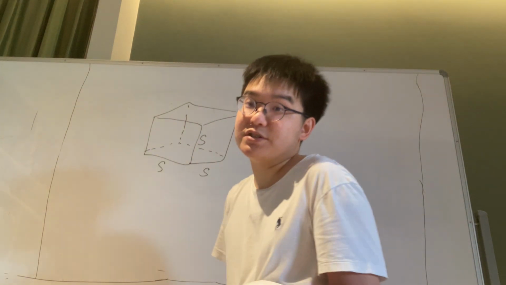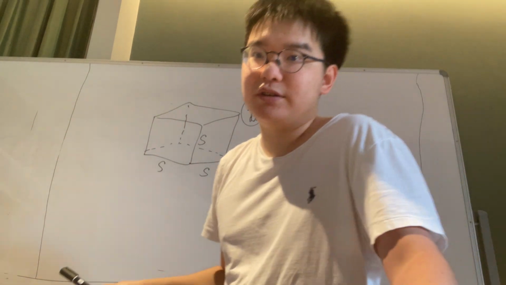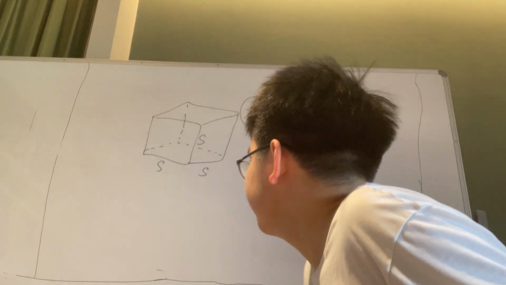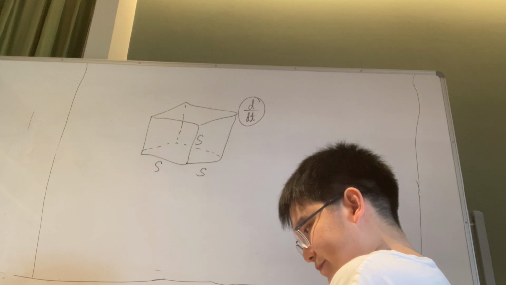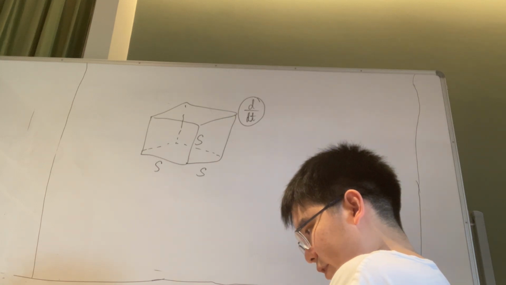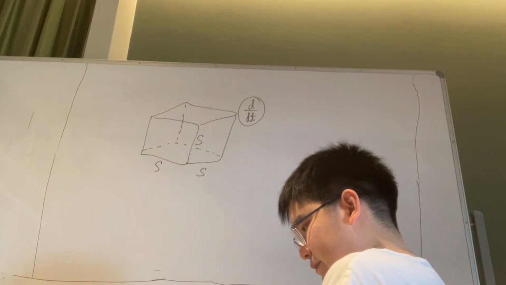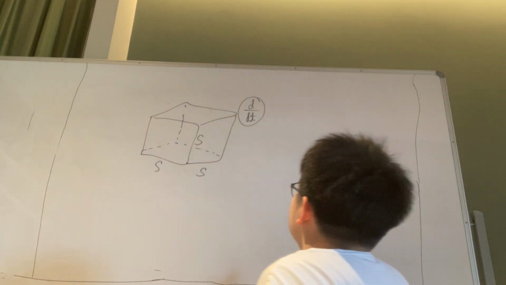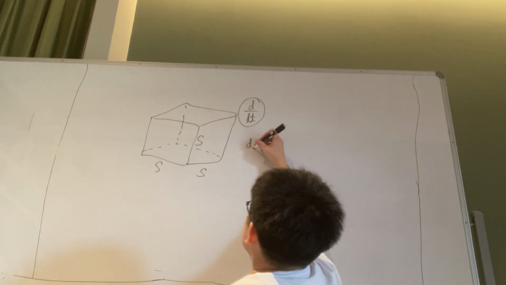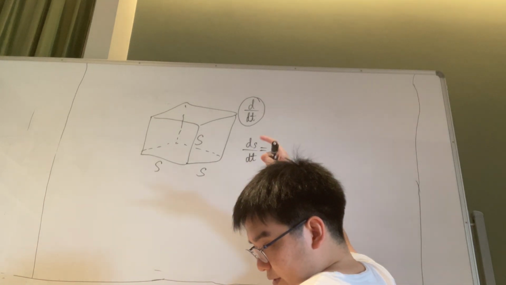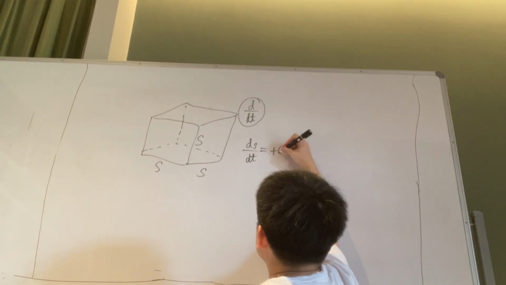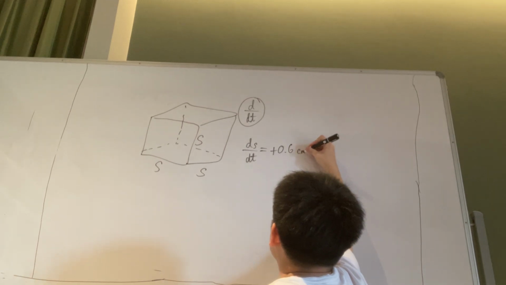Here, Leibniz notation is superior to Newtonian or Lagrange notation, for that matter. So the side of a cube, and it could be any side, we're just given that ds/dt equals, and it's increasing, that means it's positive, plus 0.6 centimeters per second.